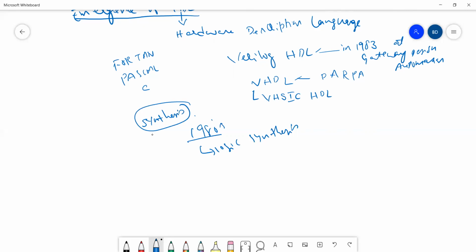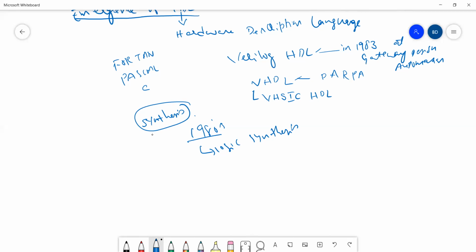The designers had to specify how the data flows between registers and how the design processes the data. The details of gates and the interconnections to implement the circuits were automatically extracted by logic synthesis tools from the RTL description, which makes synthesis very easy. If you are not following RTL description coding, synthesis will be very difficult.